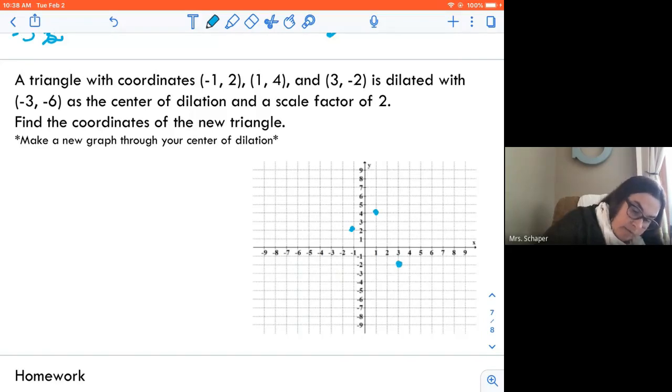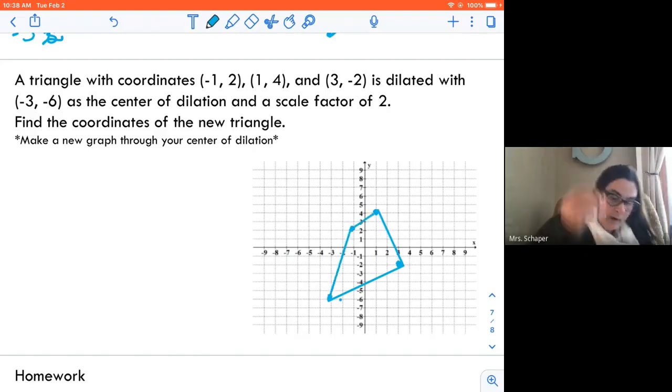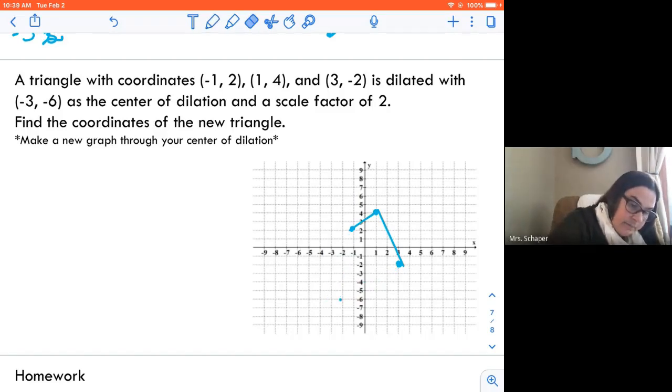And then -3, -6. Okay, so here's my figure. Okay, now the center of dilation is, whoops, I did this wrong. Let's do this again. The center of dilation is -3, -6.